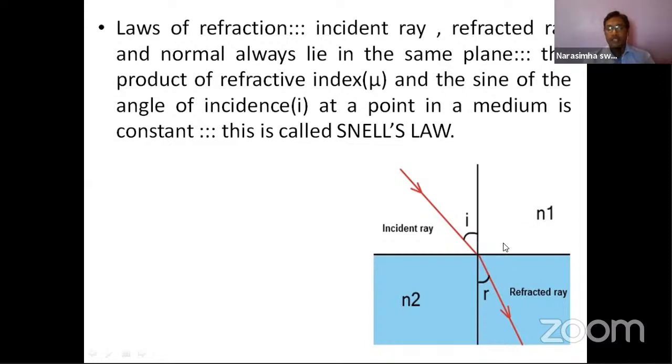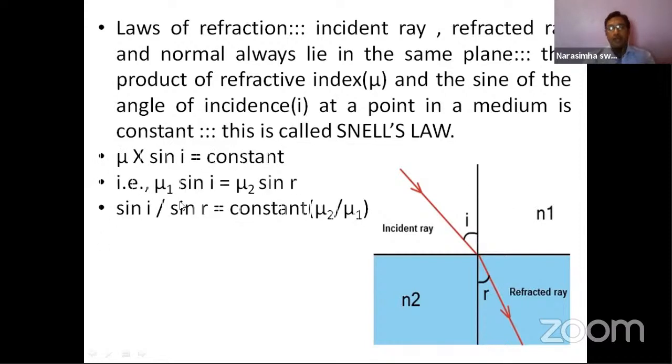As there is a change in medium, the light ray is bent, and this bent ray is called the refracted ray. It makes angle R in the other medium whose refractive index is n2. This is n1 and this is n2. I'll explain refractive indices later; here we are just discussing the law of refraction concept.